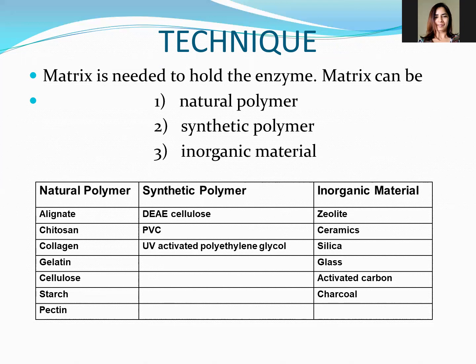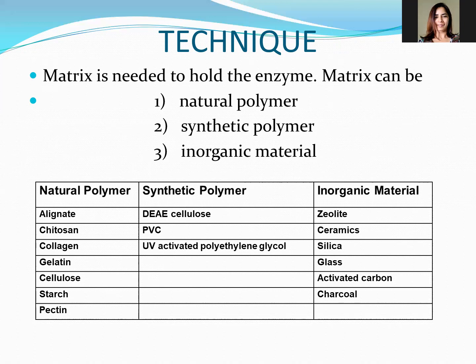Ideal support properties include physical resistance to compression, hydrophobicity, inertness towards enzyme, ease of derivatization, biocompatibility, resistance to microbial attack, and availability at a low cost. Depending on the morphology, the support can be porous or not. Porous support material, for example, is silica, and the non-porous material can be glass.